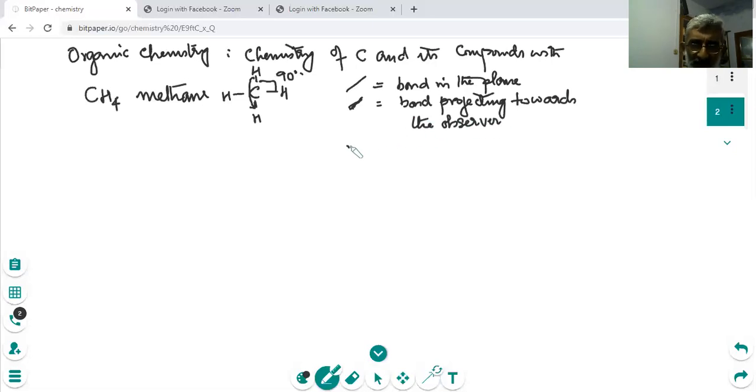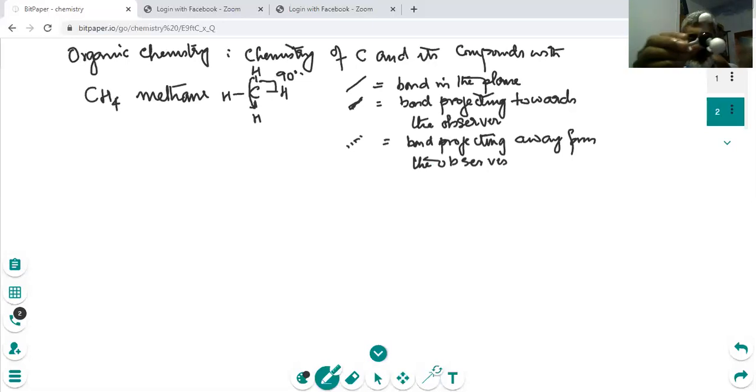And then you have the dashed line, dotted line structure, which is a bond projecting away from the observer. So these are the ways you represent the bonds.